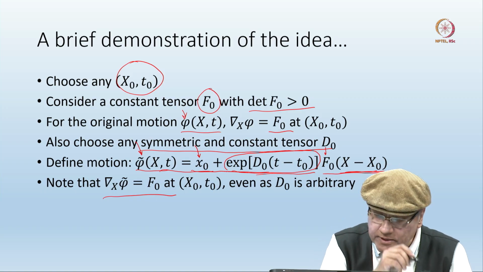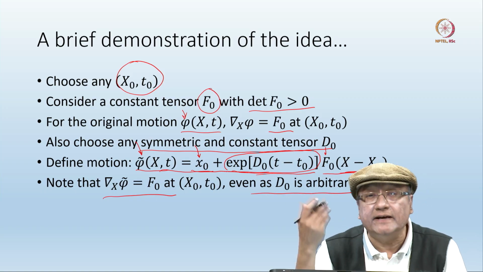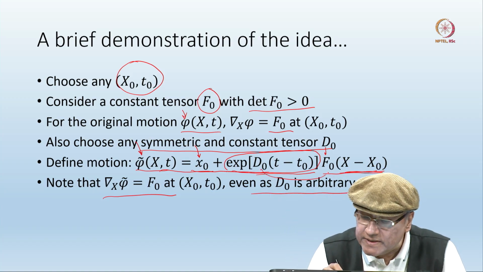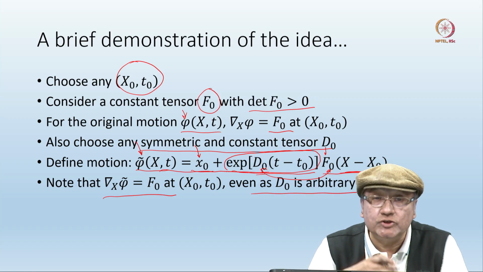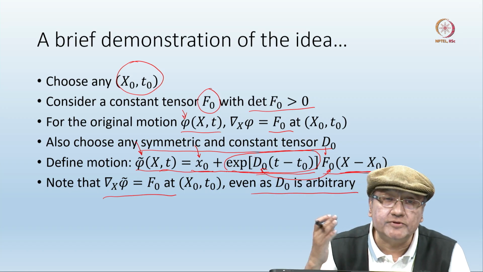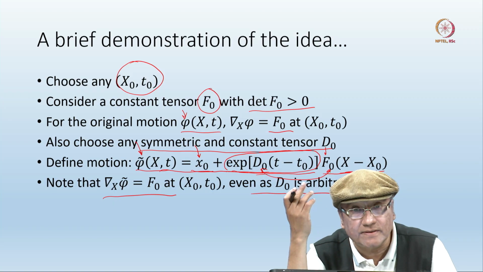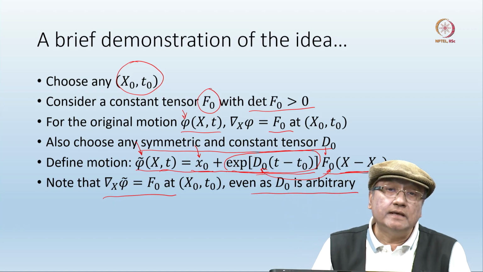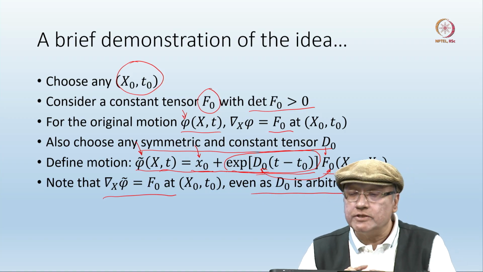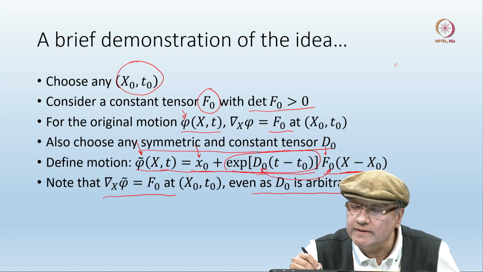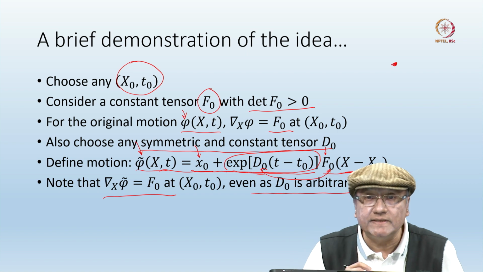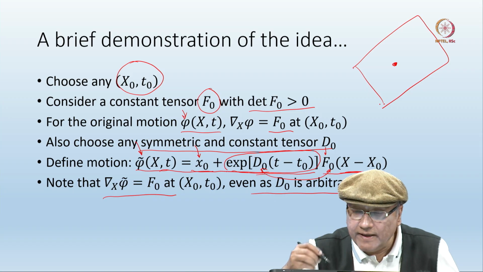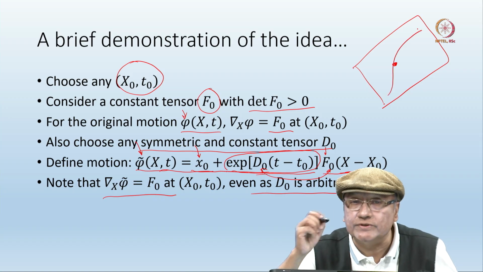But in doing so your d0 has been entirely arbitrary. I did not bother about any connection between d0 and f0. I chose d0 as any arbitrary symmetric, constant matrix. That is the basic idea, locally. Think of a point in the material body, and think of the tangent space here, with a curve that goes through it.